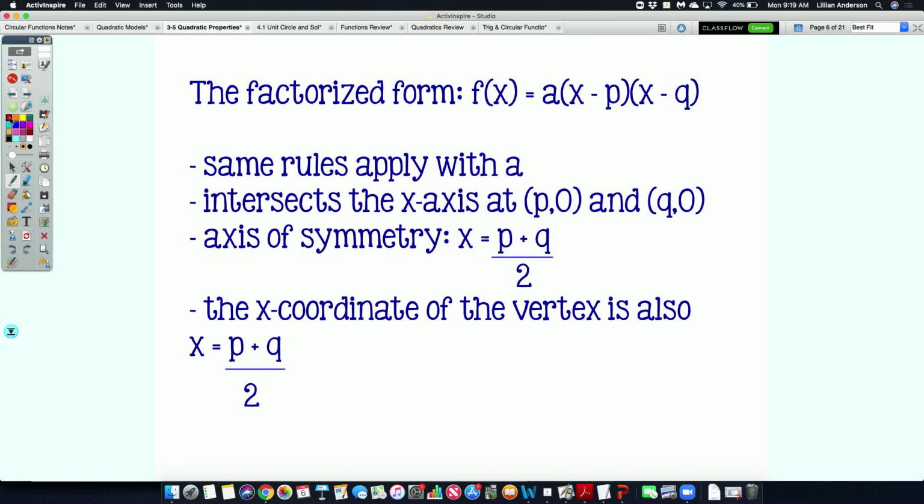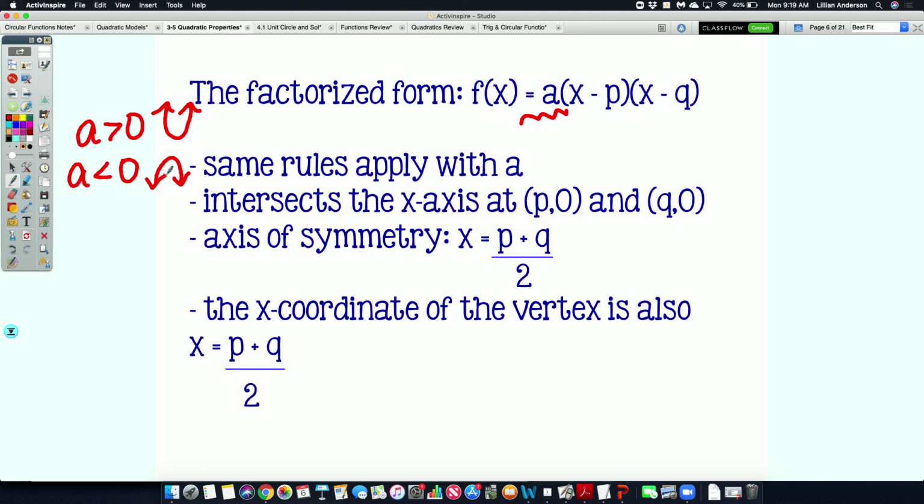The factorized form. As you can see, that's f of x equals a, x minus p, x minus q. This a is the exact same a from before. That's why it says the same rules apply with your a. Okay? So if a is greater than 0, what does that mean? It opens up, and if a is less than 0, it opens down.